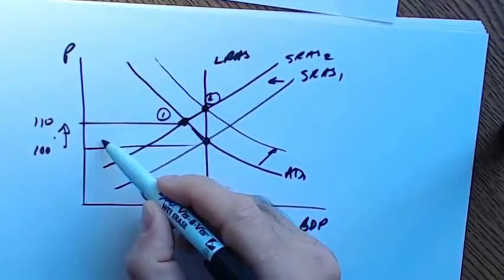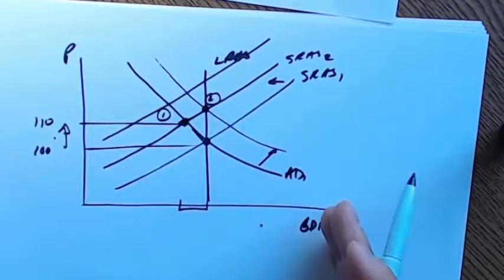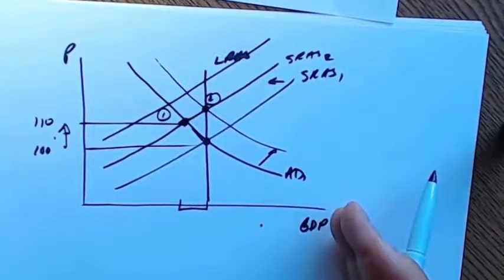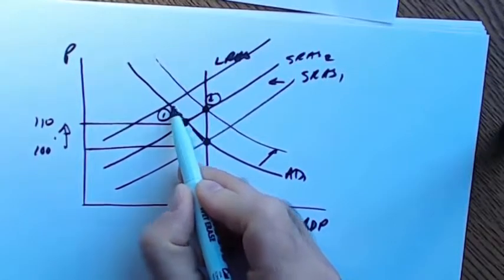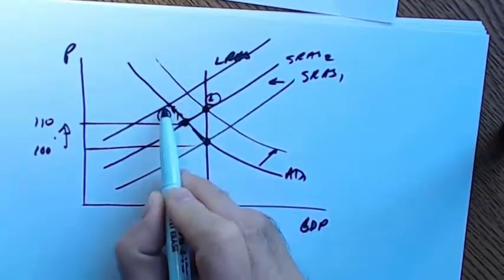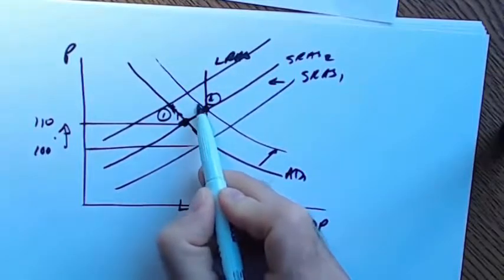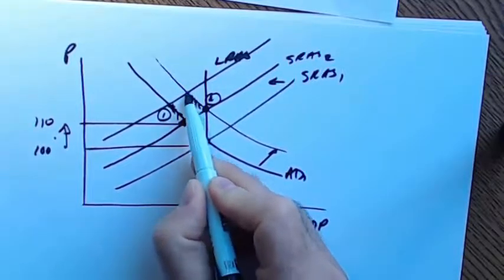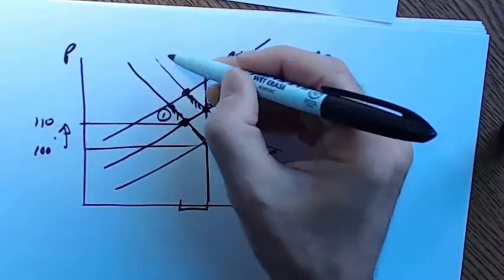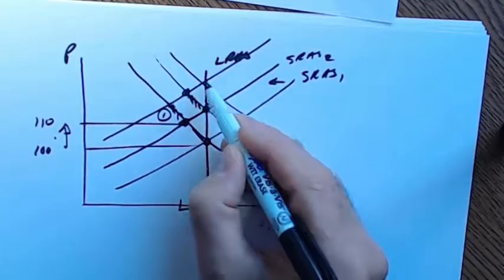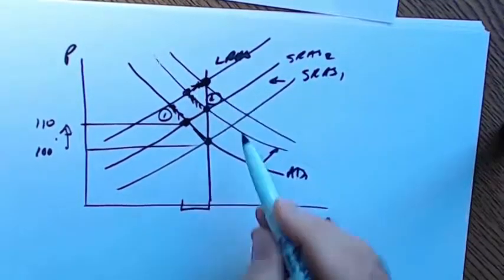So what happens if you have another round of oil shocks, which is exactly what we had in the 1970s? Another round, and so we end up back here, and then we end up here, and then the Fed has an expansionary monetary policy to get rid of unemployment, and we're right back to long-run equilibrium.